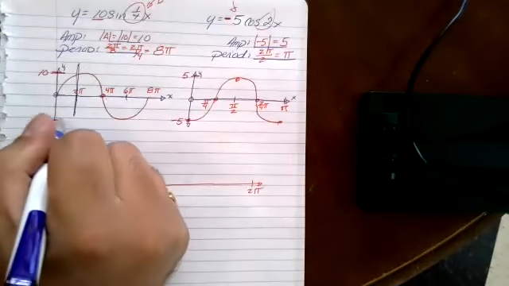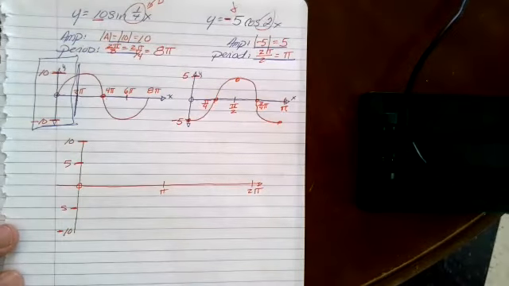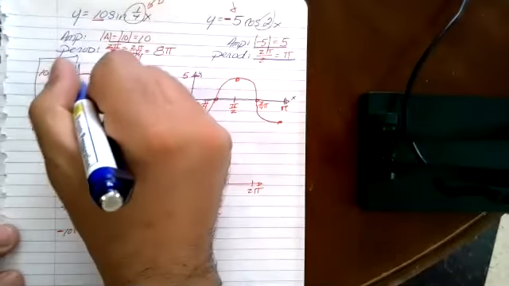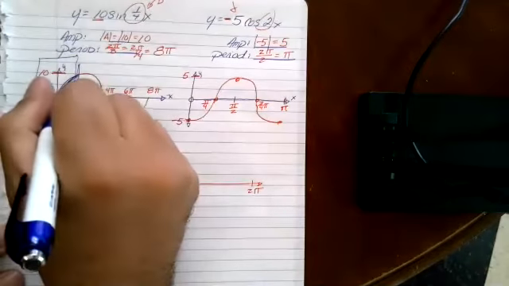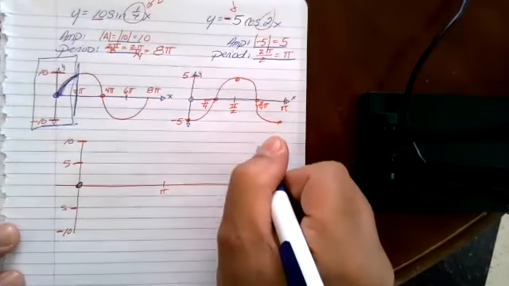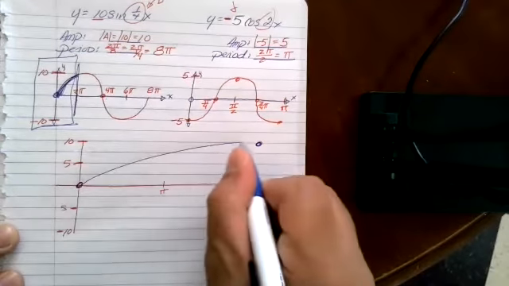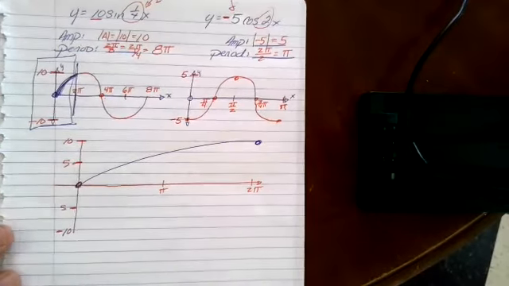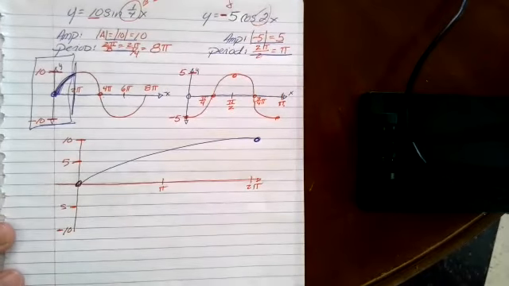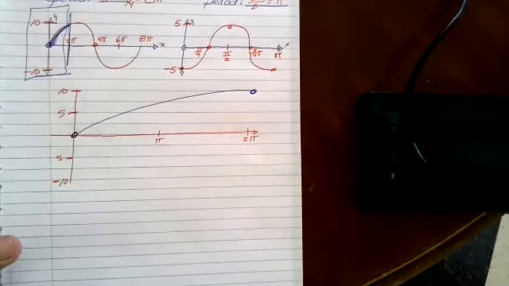So I'm only looking at this picture, only graphing this much, from 0 to 2 pi. So I'm starting at the origin, and at 2 pi, I should be up at 10 up here. That's what this graph on the interval 0 to 2 pi should be.